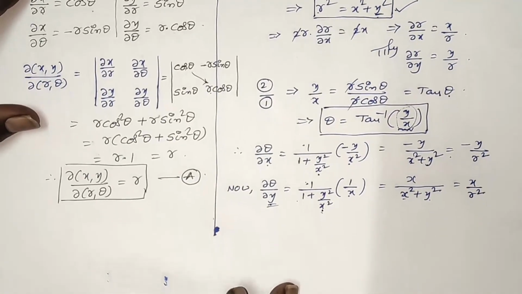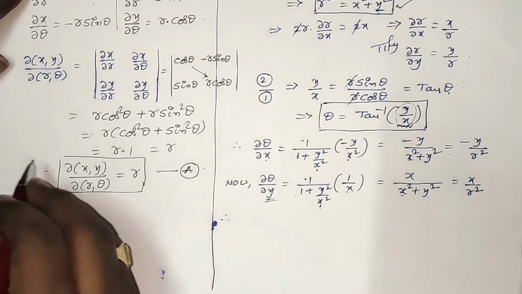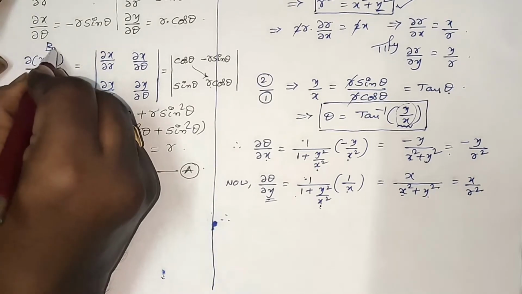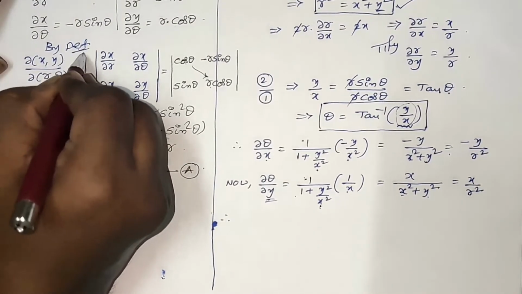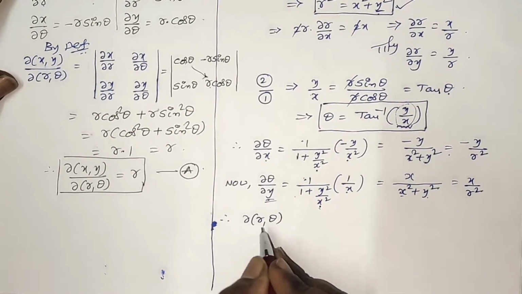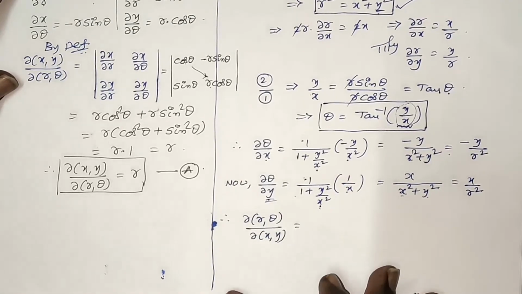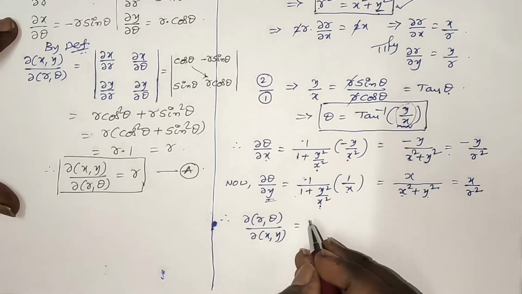So it is enough to find out the another Jacobian. Therefore, by definition, Jacobian of r comma theta with respect to x comma y is equal to, what happened?